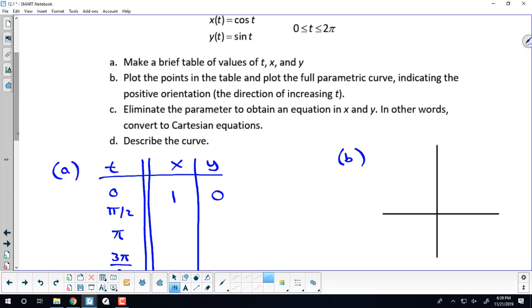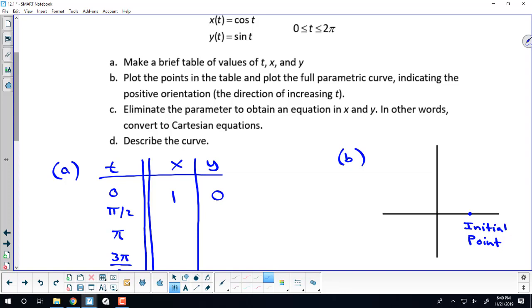So we'll plot our point here and label it as the initial point. That way, once we have this plotted, we know where we started. And of course, we would have all values in between 0 and 2 pi. We just chose a few to plot.